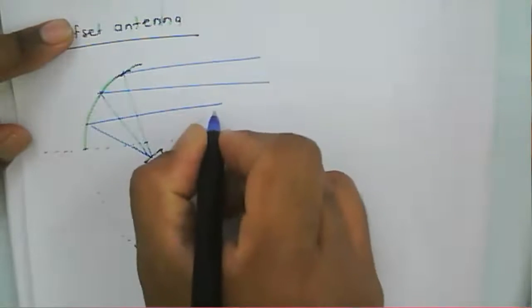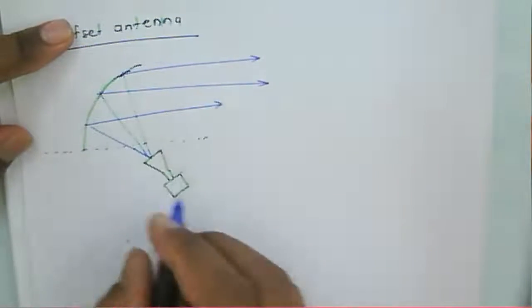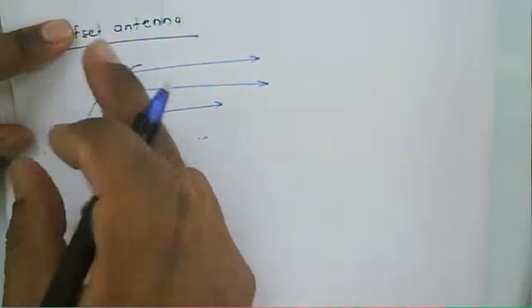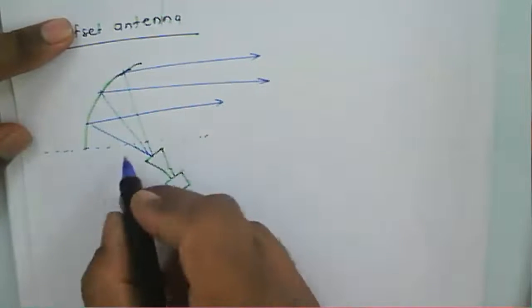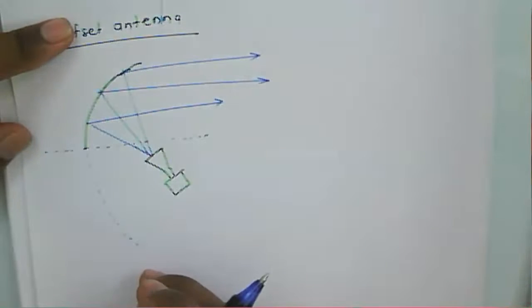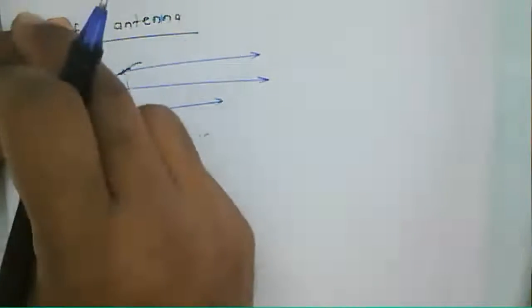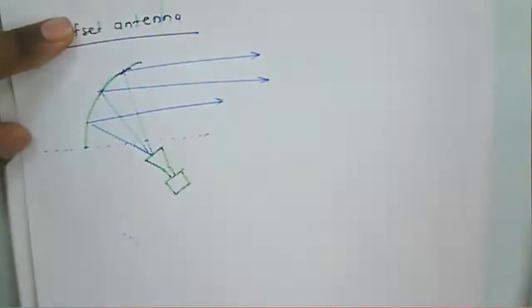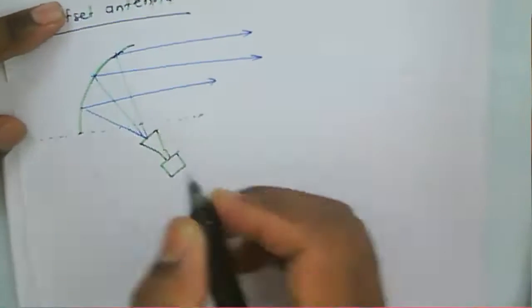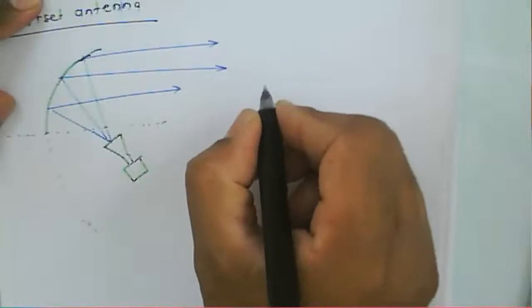So this is an offset feed horn antenna, and it has a single reflector. It's another way of designing an offset feed antenna.